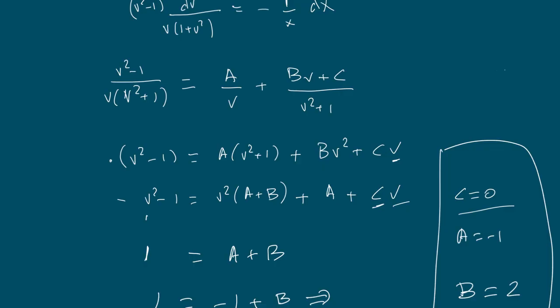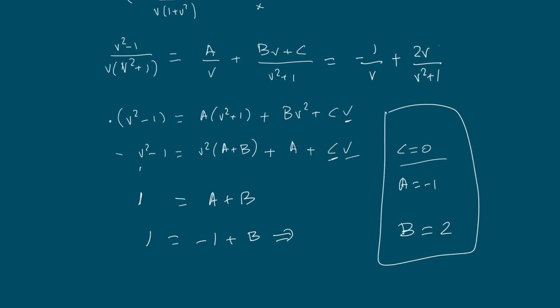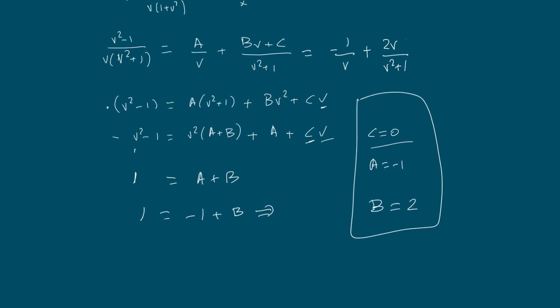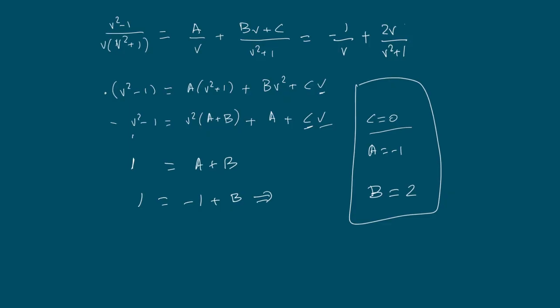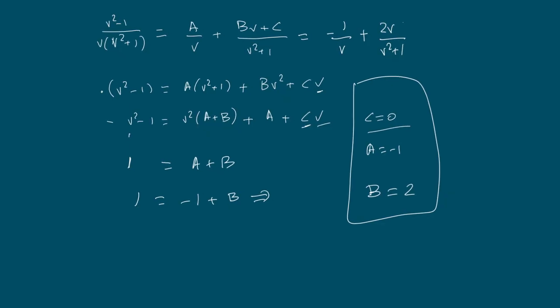So it will be equal to a, which is minus 1, divided by v, plus b multiplied by v, which is 2v, plus c, which is 0, divided by v squared plus 1. So I have decomposed in partial fractions the integral that I need to solve in order to find v.